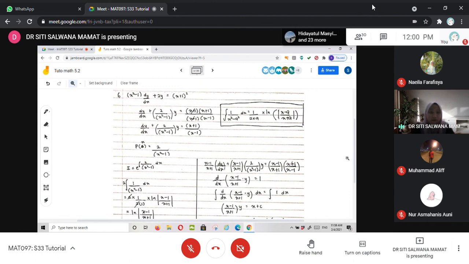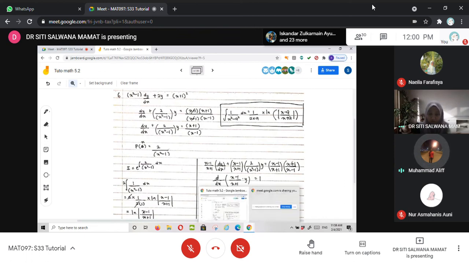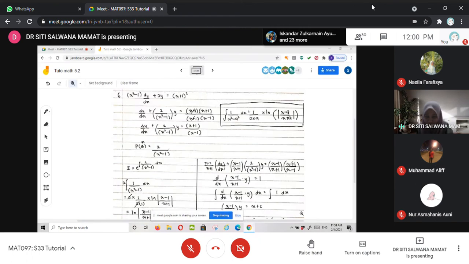Ada tak number 6 ni, siapa punya? Okay, yang ni which group? Assalamualaikum, Doktor. You ada kelas ke? Tak ada. Yang ni siapa punya? Dina ke?